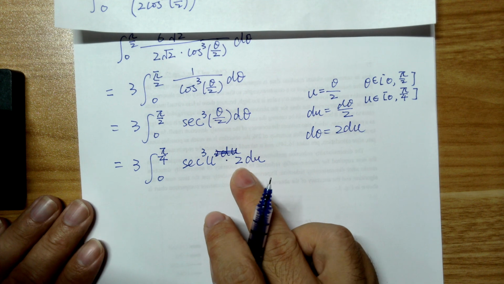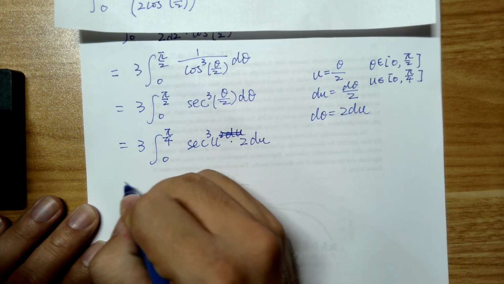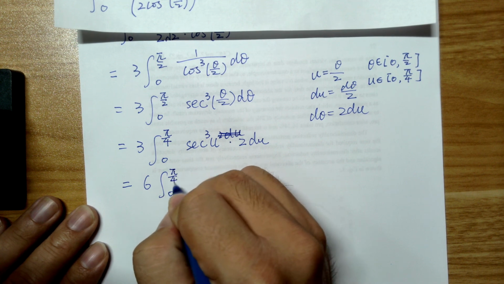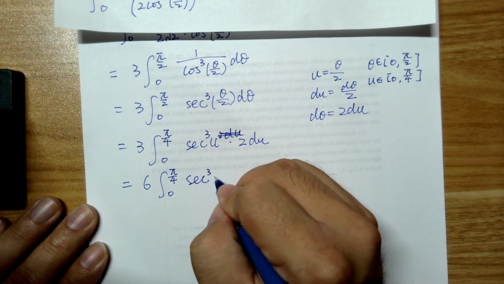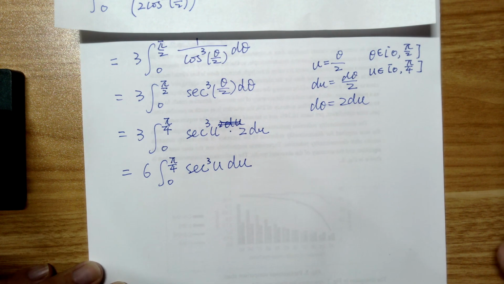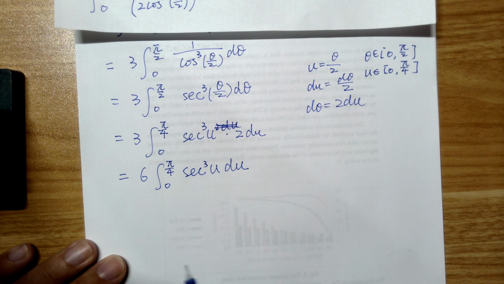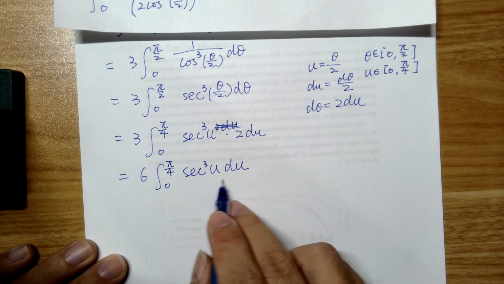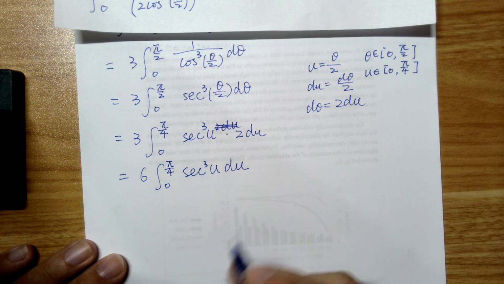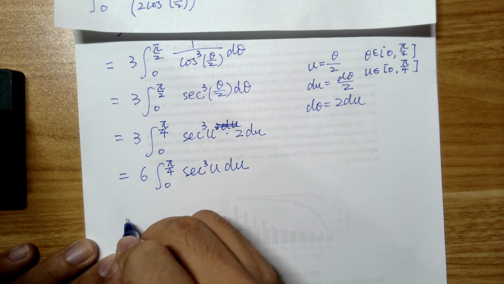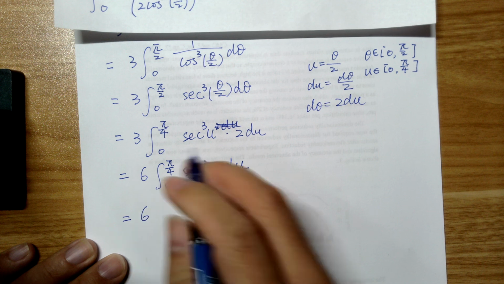So if I bring this 2 in the front, the problem becomes 6 from 0 to pi over 4 secant cubed u du. Okay, so pretty long process. After we got to here, the problem becomes, okay, how do I start to evaluate this integral, right? So it's also not a very straightforward process.